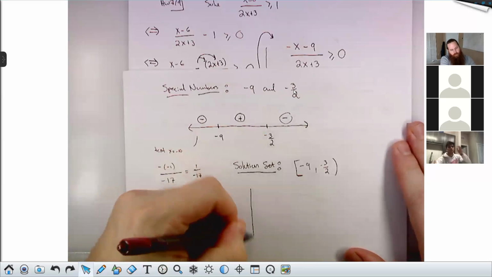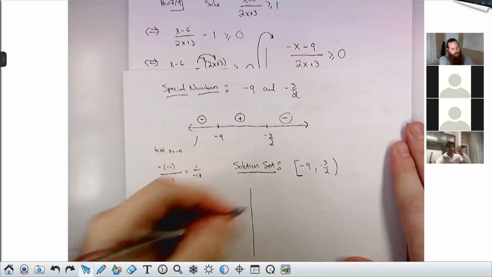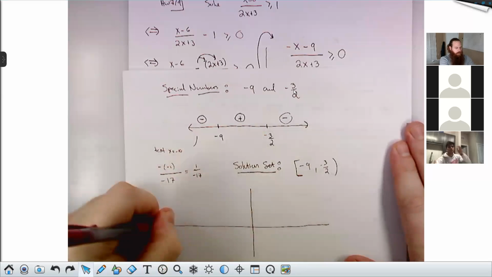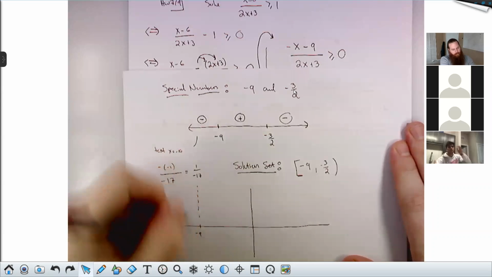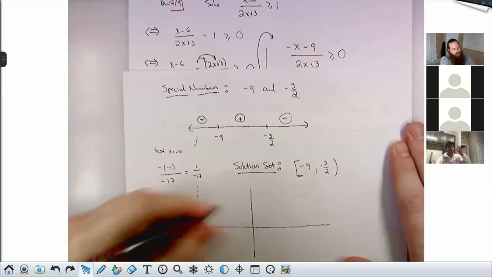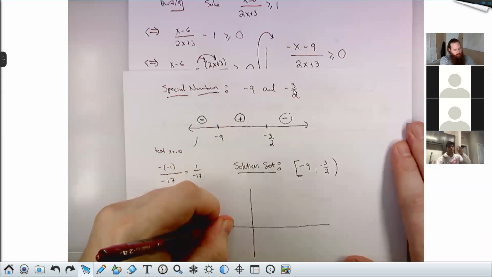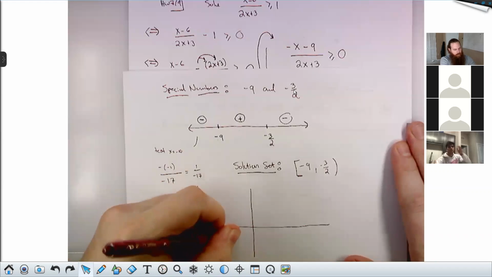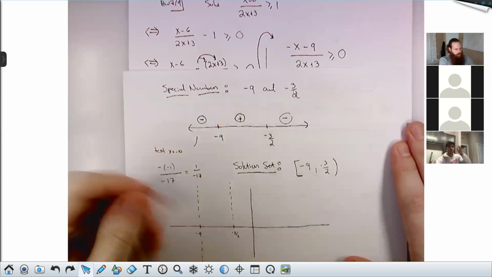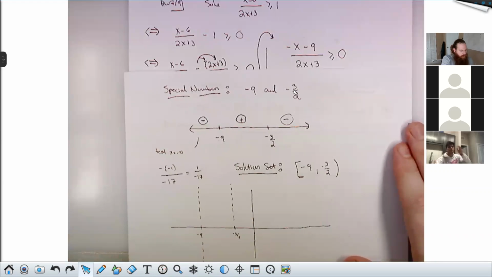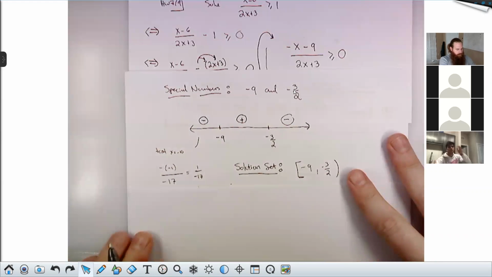Real quick, let me take a look at the graph of this thing so you can make the connection between the graph and the inequality. I'll call this -9. Call this -3/2. Whoa, I should not have drawn a vertical asymptote at 9. So let me draw this graph again, sorry.